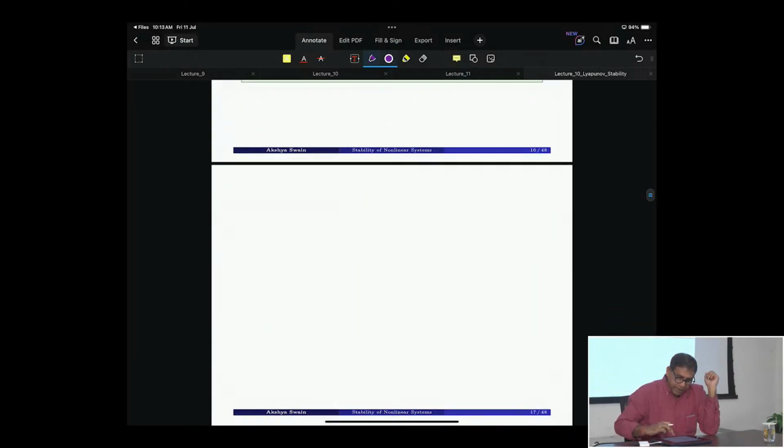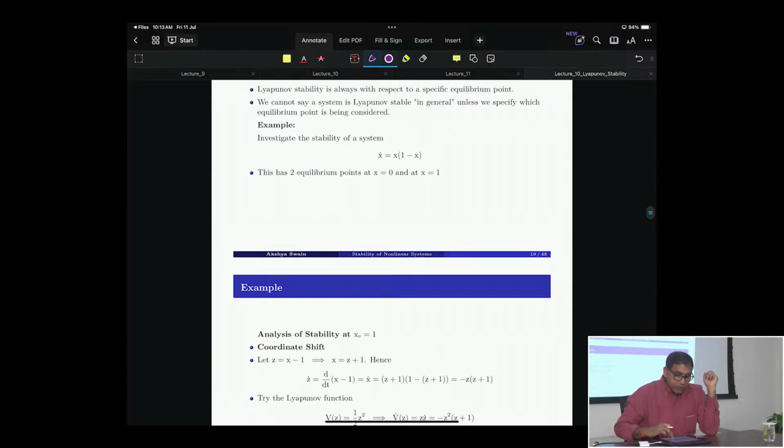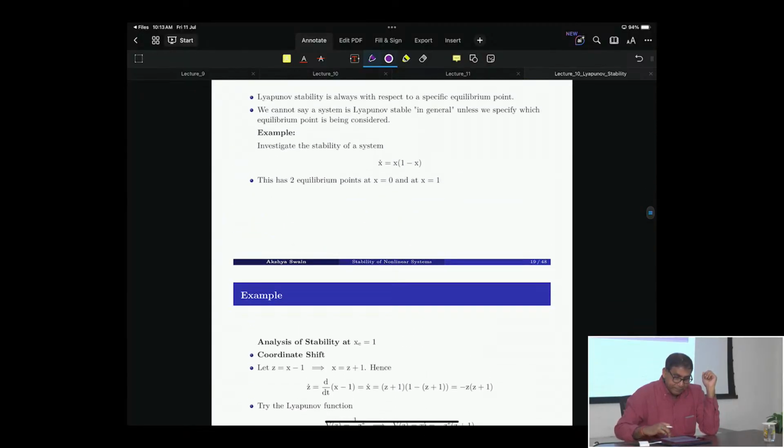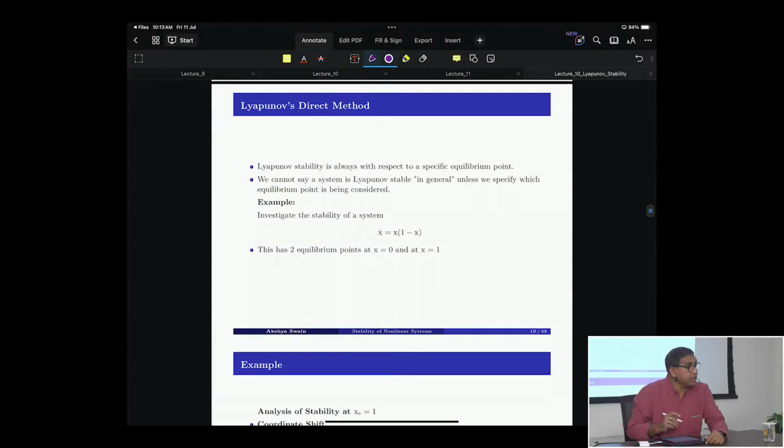So here you see, I will pass on to you, all examples are here. This point is important. Lyapunov stability is always with respect to a specific equilibrium point. It is not, as I told you yesterday, for all equilibrium points, but for a specific equilibrium point. So for the equilibrium point where you want to study the stability, first transform that equilibrium point to the origin.